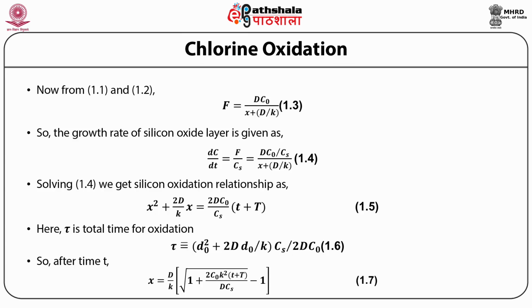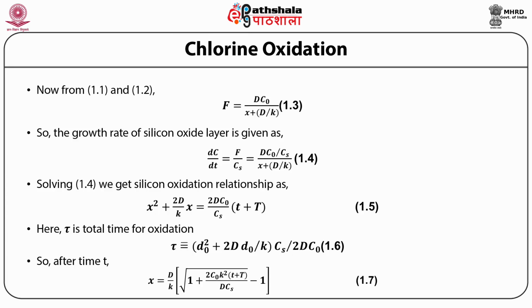So, for a small value of t, X is approximately equal to (C0 K multiplied by (t plus capital T)) divided by N0. Whereas for a large value of t, X is equal to the root of (2D C0 divided by N0) multiplied by (t plus capital T).